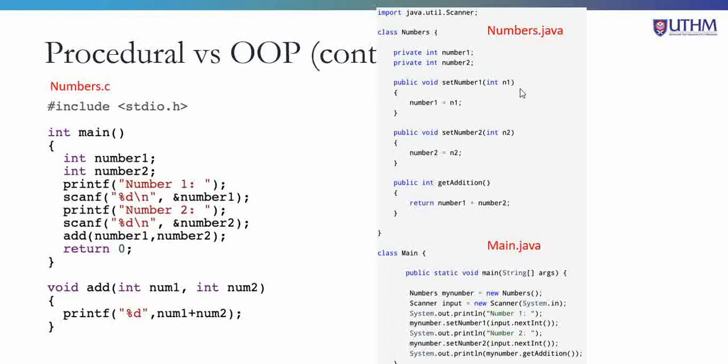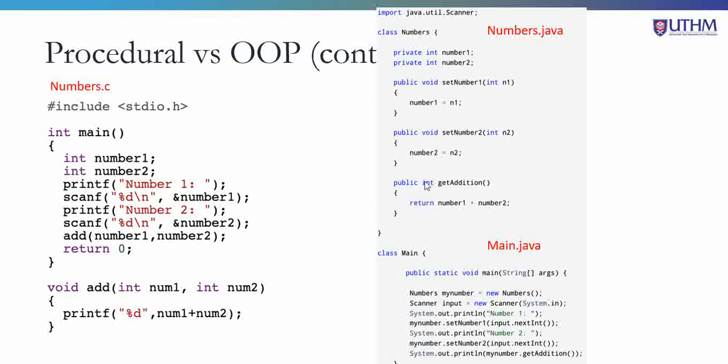If I want to implement data hiding, we can't do it. So we need to assign number one through set number one here. Same as number two, I set number two with the set number two function here.